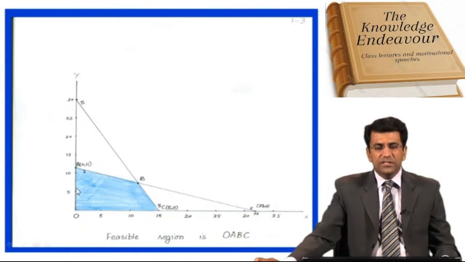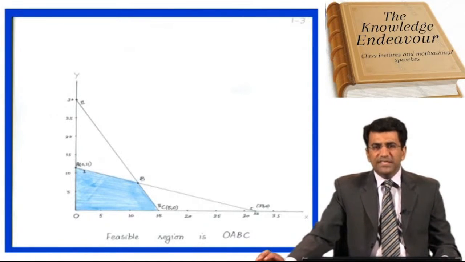Now this is the y-intercept (0, 11), which is this particular point A shown in this graph, and this is the second point for equation 1, which is (33, 0). This is the x-intercept, and again we will connect this point with this point in order to draw a line for our first constraint.